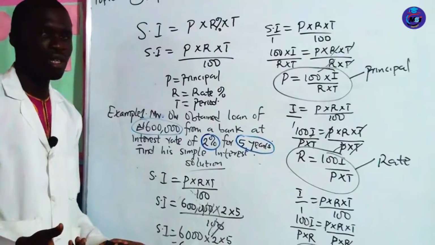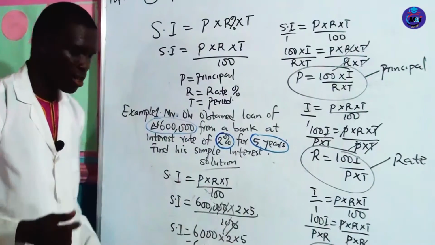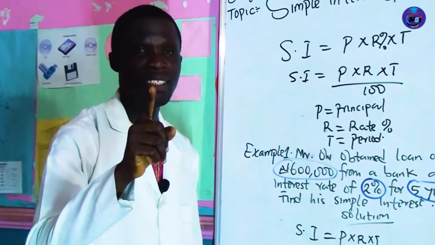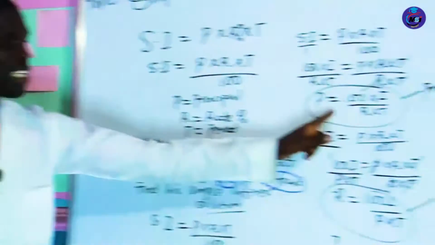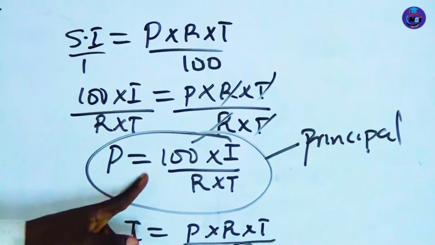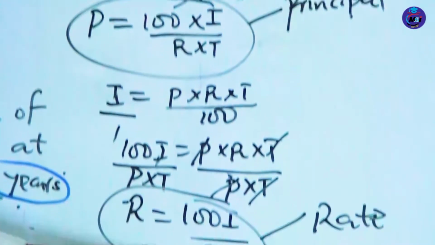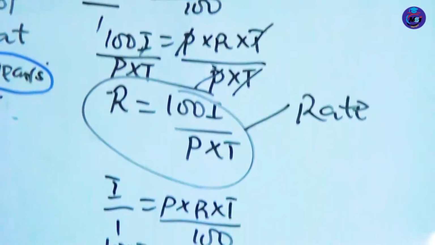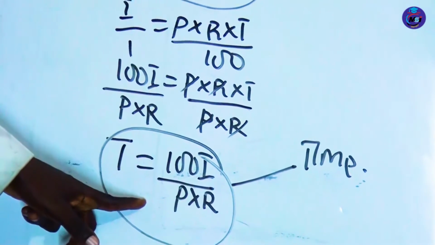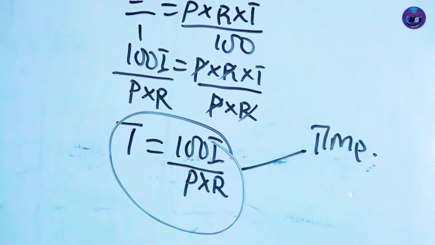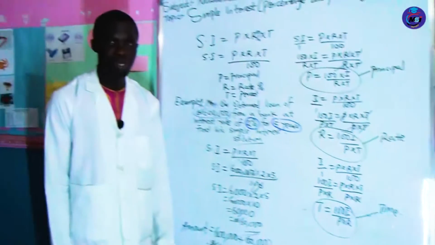I hope you are not going to get confused with that. Okay, so let me show you. Remember that this is the formula to find the principal, this is the formula to find the rate, and this is the formula to find the time, which could also be called period.